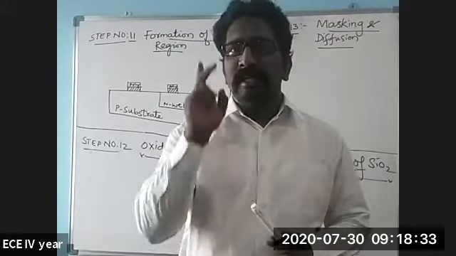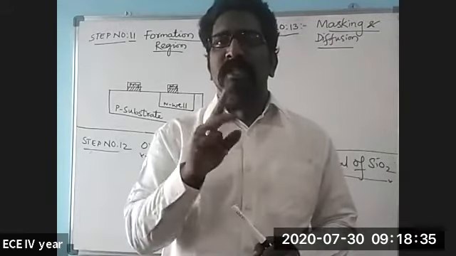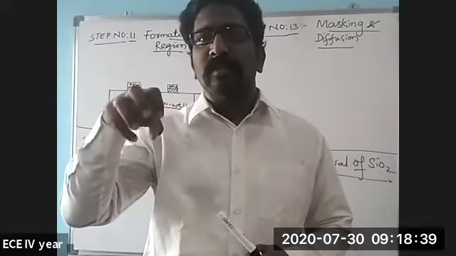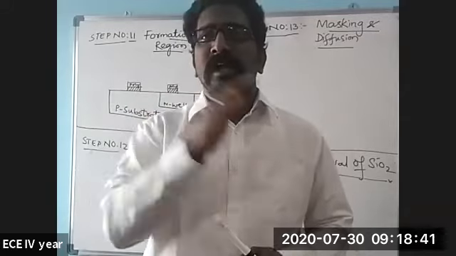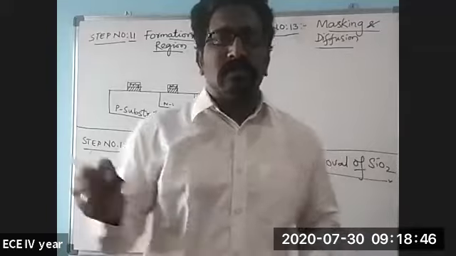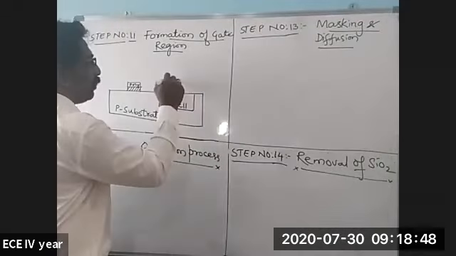I need two gate terminals, one for the PMOS and the other for the NMOS. So I don't remove the thin oxide and poly from those two regions, and everywhere apart from that, we'll remove the poly and thin oxide.